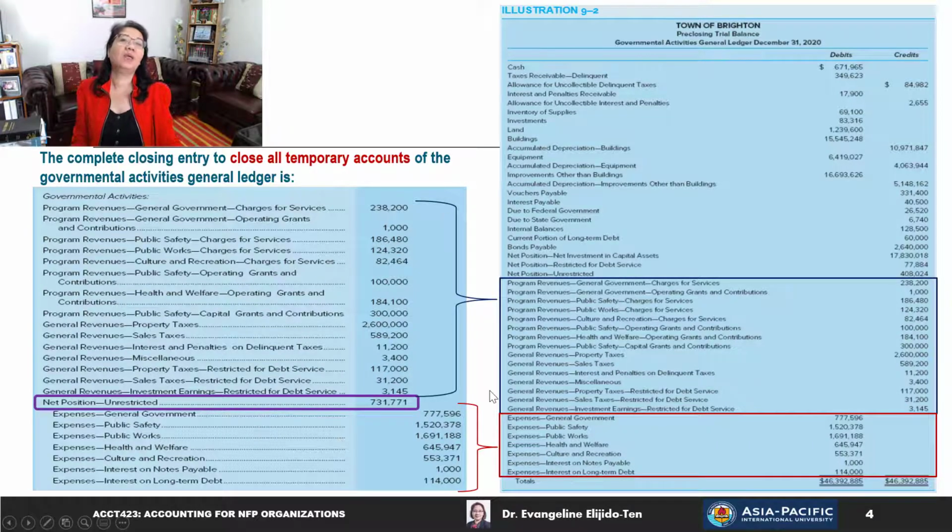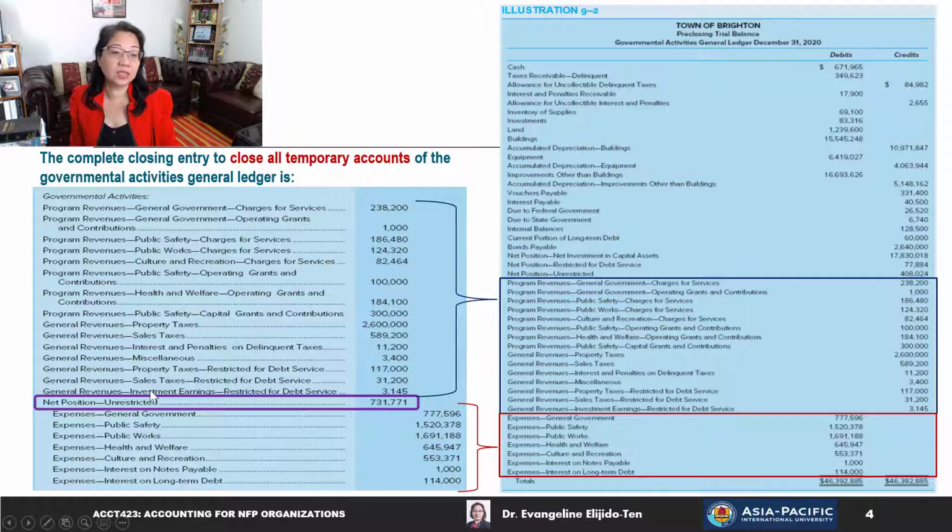So from this illustration, it looks like the total debit is lower than the total credit in terms of the closing entry. So what it means is that the expenses are higher than the program revenues and general revenues combined.